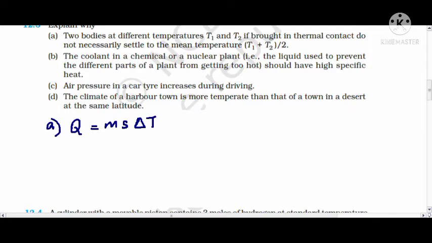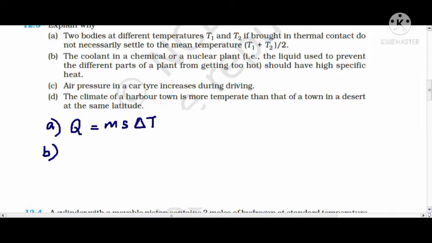Come to part B. The coolant in a chemical or a nuclear plant, that is the liquid used to prevent the different parts of a plant from getting too hot, should have high specific heat.